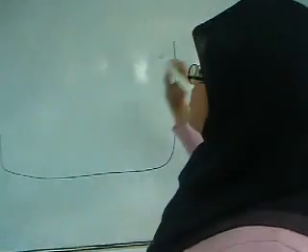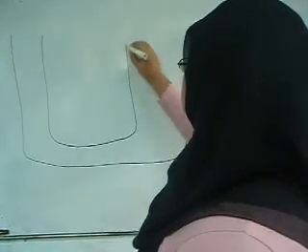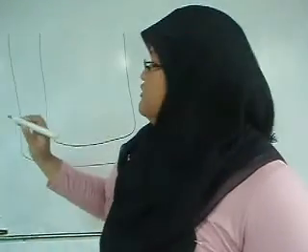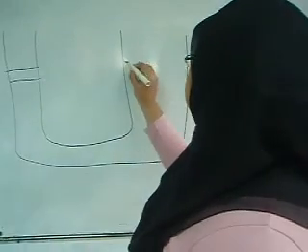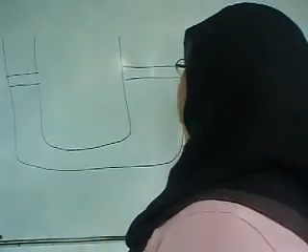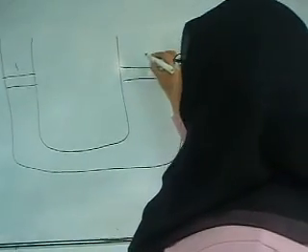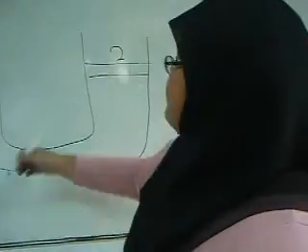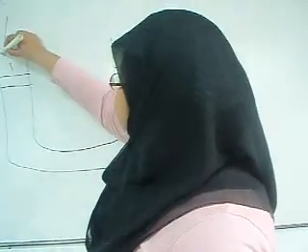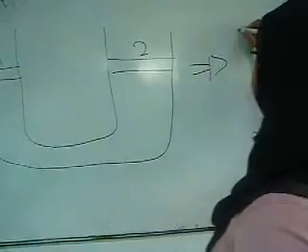This is a tube with two sides. In each tube, we put a piston. The small one we call the first tube, and the large one we call the second tube. If we give a force to the first tube, we call this F1.